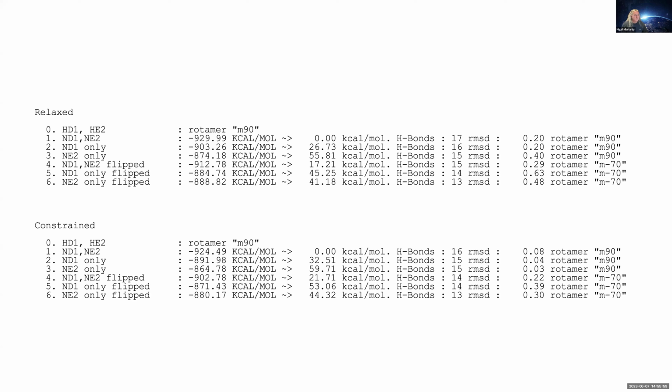I also have some code that counts how many hydrogen bonds there are, which in this case, the energy and the hydrogen bond count is comparable. And then if you're familiar with rotamers, I also point out which rotamer each of the configurations is. Sometimes it can be an outlier and not a real rotamer.